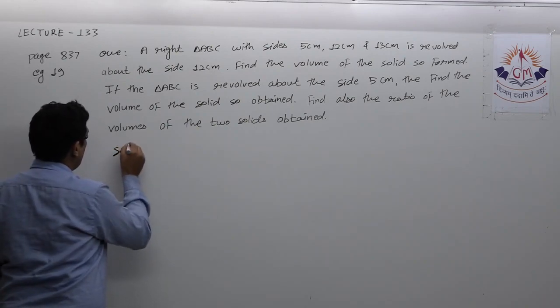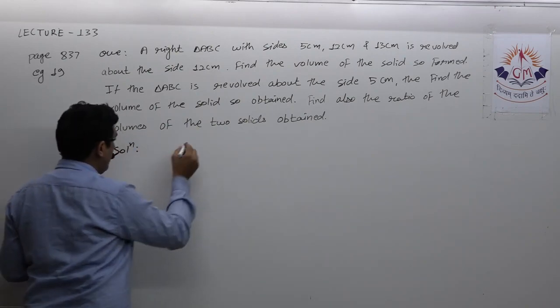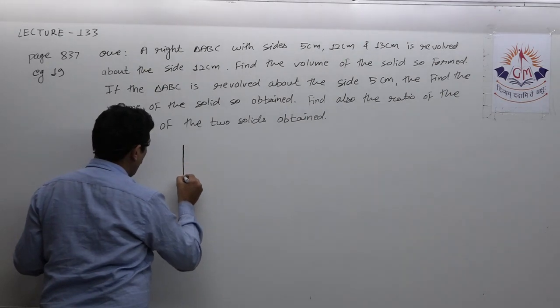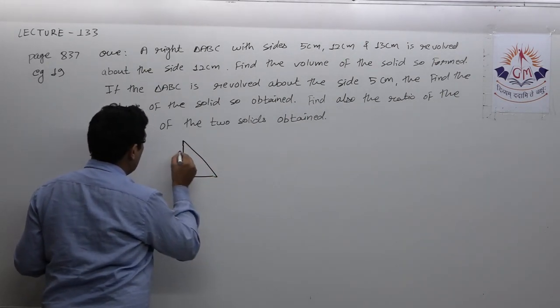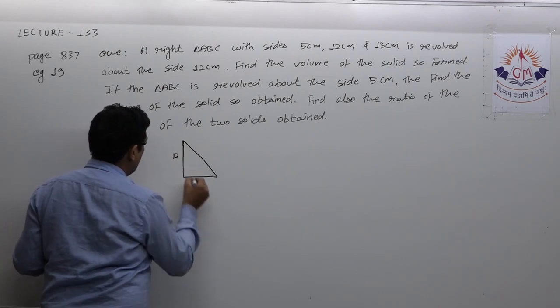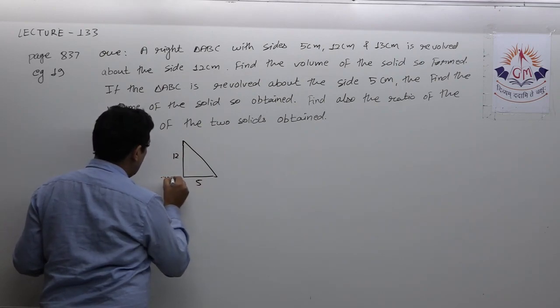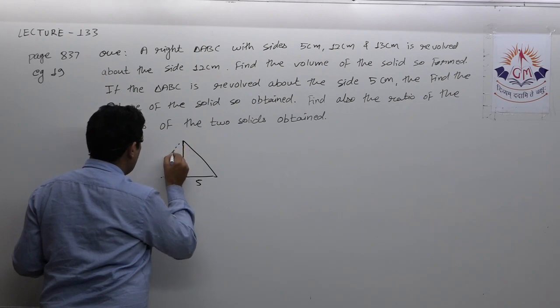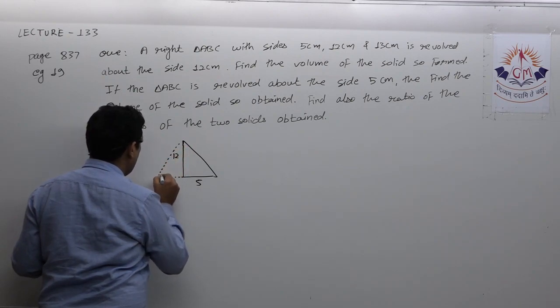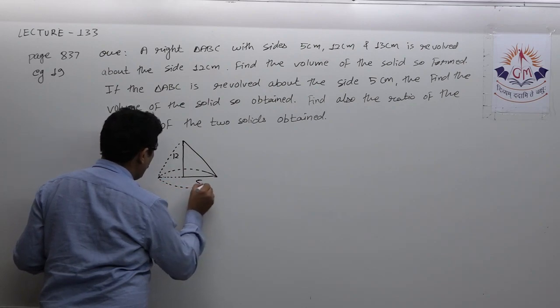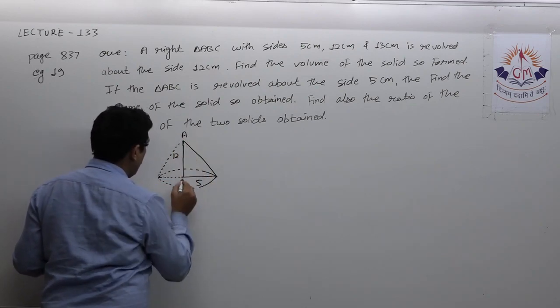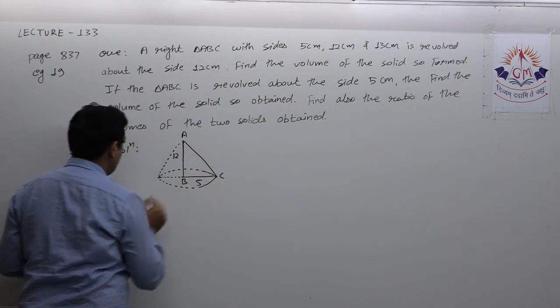So see, first of all, this is the triangle with sides: this is 12 centimeter, this is 5 centimeter. So we'll get a cone something like this. Let us say this triangle is ABC.